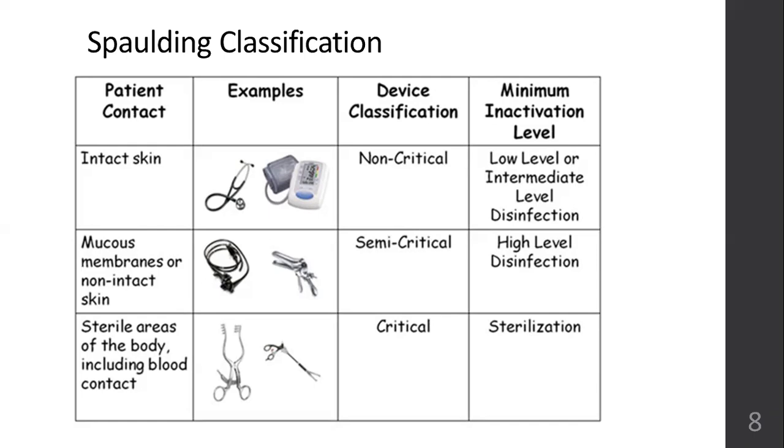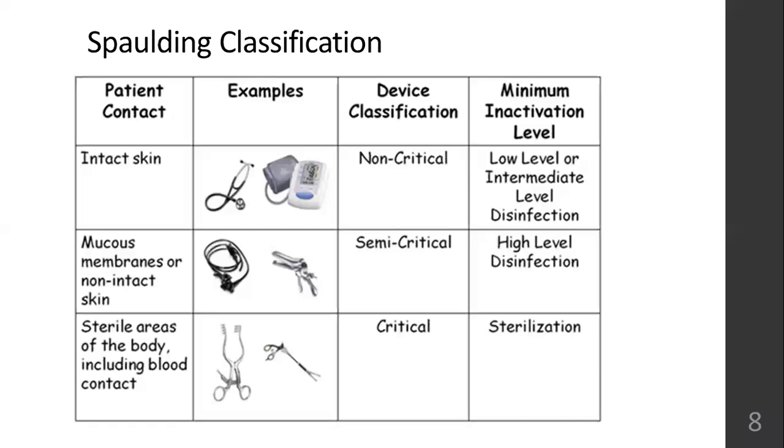Non-critical are the instruments that only touch the upper surface of the skin. It is not touching any wound, not touching any mucous membrane, not touching the inside of your body. It is just touching intact skin on the patient's body.